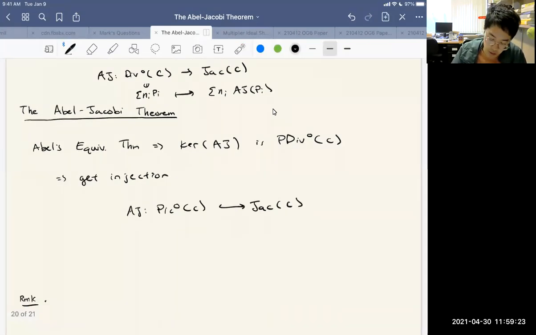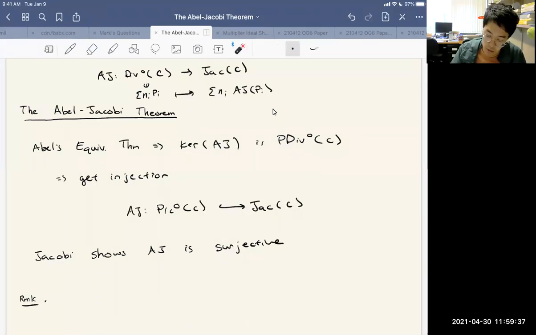And I haven't mentioned Jacobi at all, but Jacobi shows that the Abel-Jacobi map is surjective. And this is what gives us the identification between this Picard variety and this Jacobian variety.